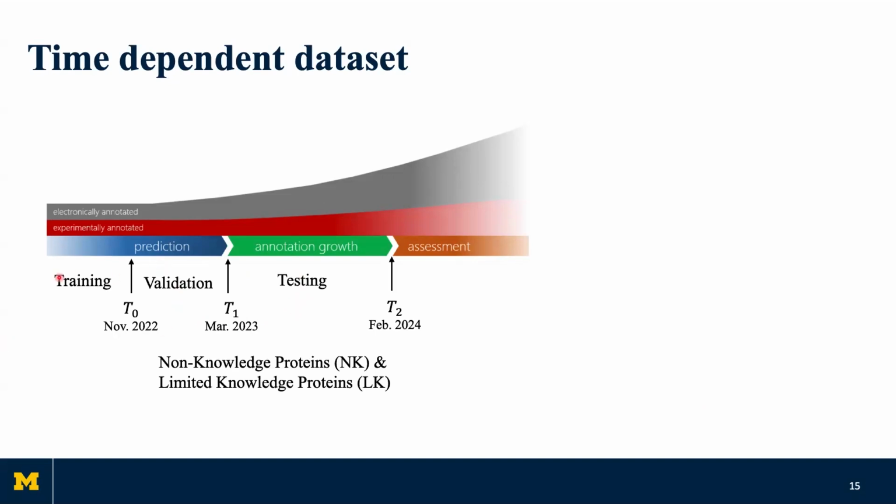We use all the proteins and their annotations before T0 as our training set, and then the no-knowledge and limited-knowledge proteins that arise from T0 to T1 as our validation set, and those from T1 to T2 as our test set.